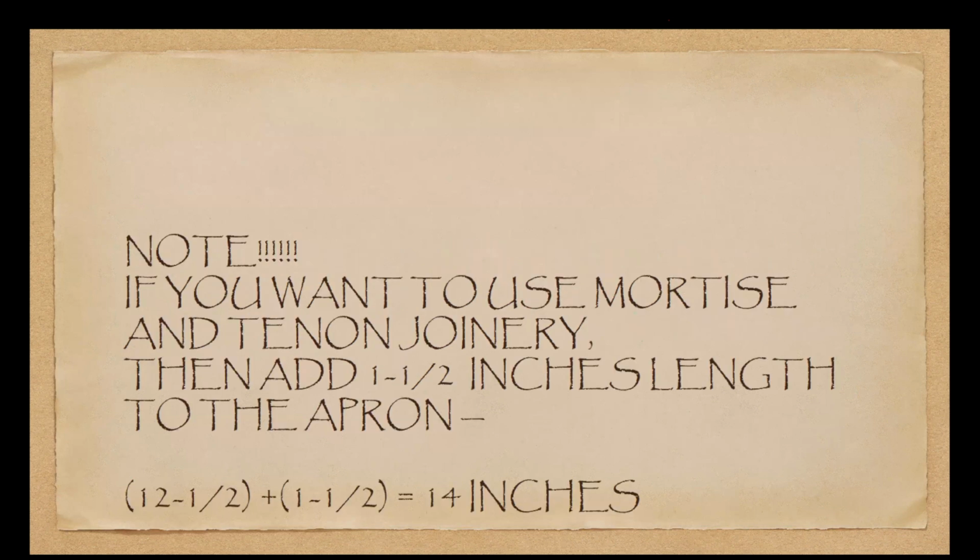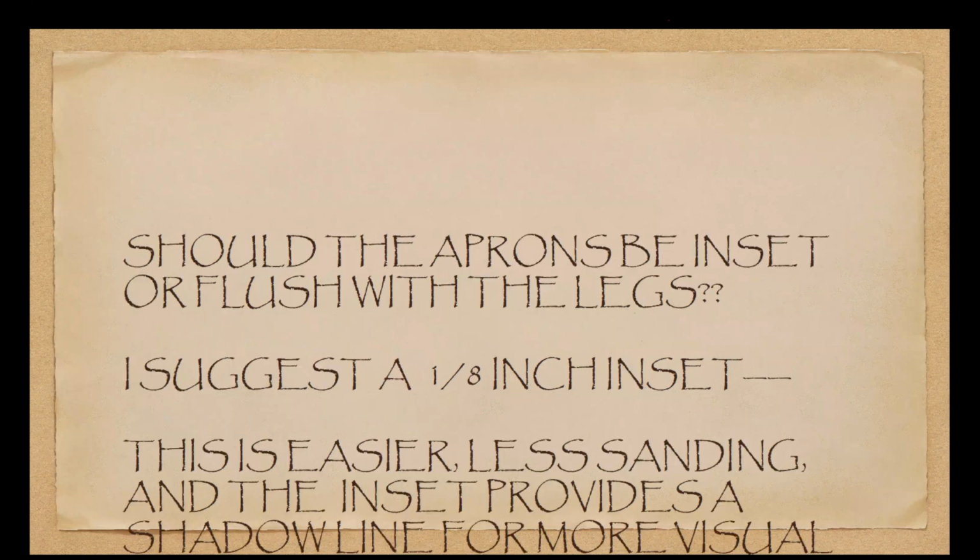But let me remind you, if you want to use mortise and tenon joinery, then you need to remember to add about 1 1/2 inches length to the apron, which would be a 3/4 inch tenon. I'm sorry, 1 3/4 inch tenon on each end. So that would make the overall length 1 1/2 inches longer, for a total of a 4-inch long apron.